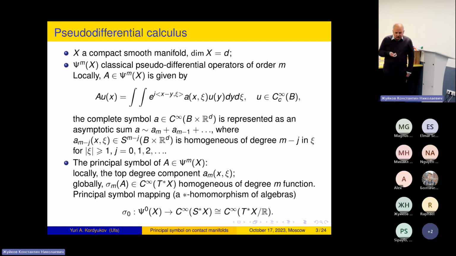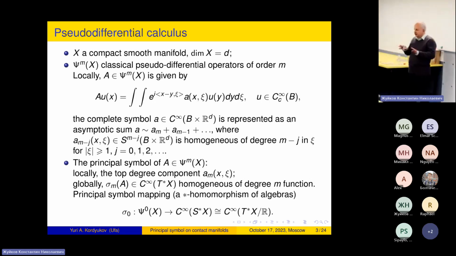And index theory, first of all, this means that this was a possibility to make deformation. So if we deform the symbol, if we consider differential operators and deform differential operators, we go out of differential operators. And we have a deformation between two differential operators. So this deformation goes through pseudo-differential operators.